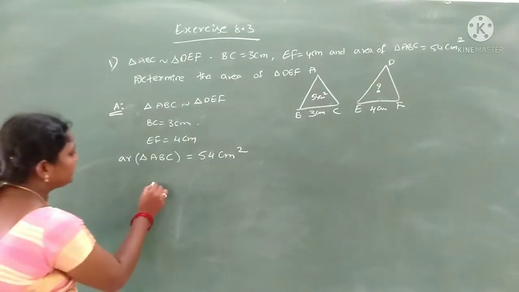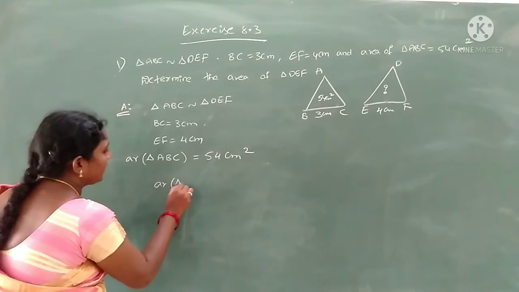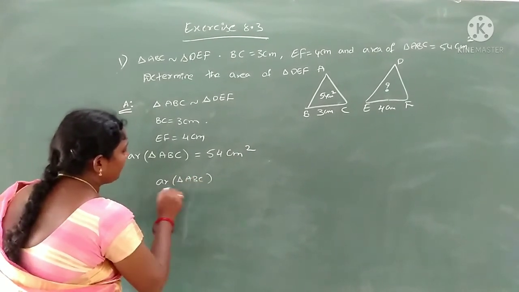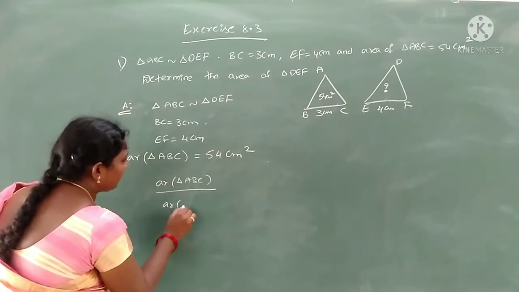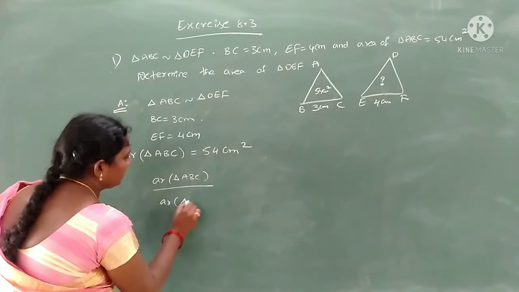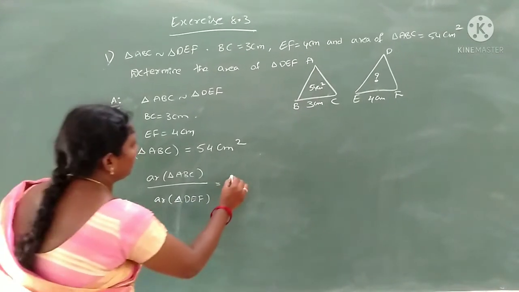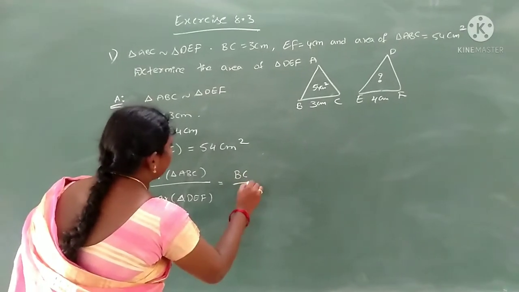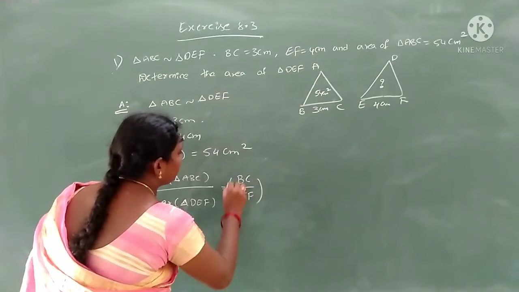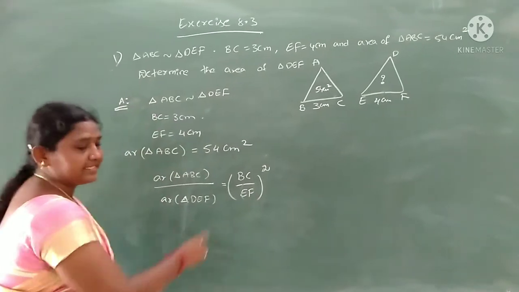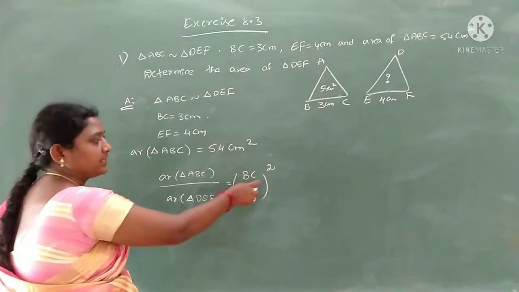We know that area of triangle ABC by area of triangle DEF equal to BC by EF whole square.